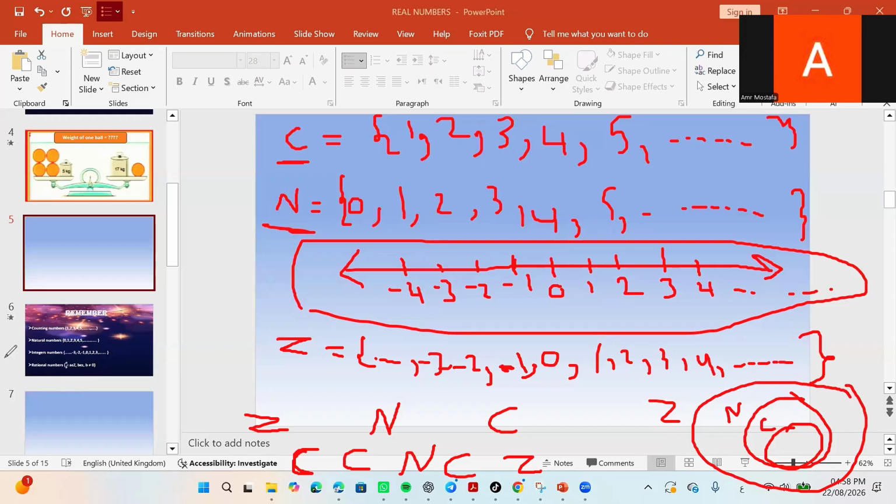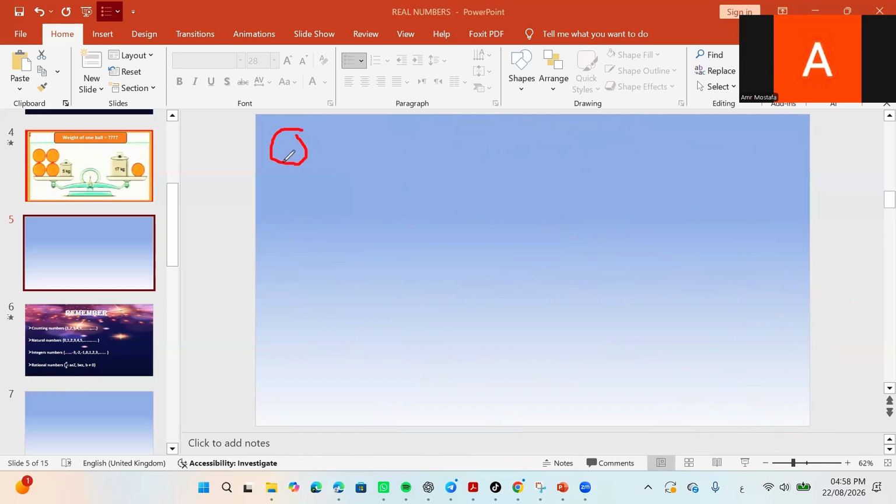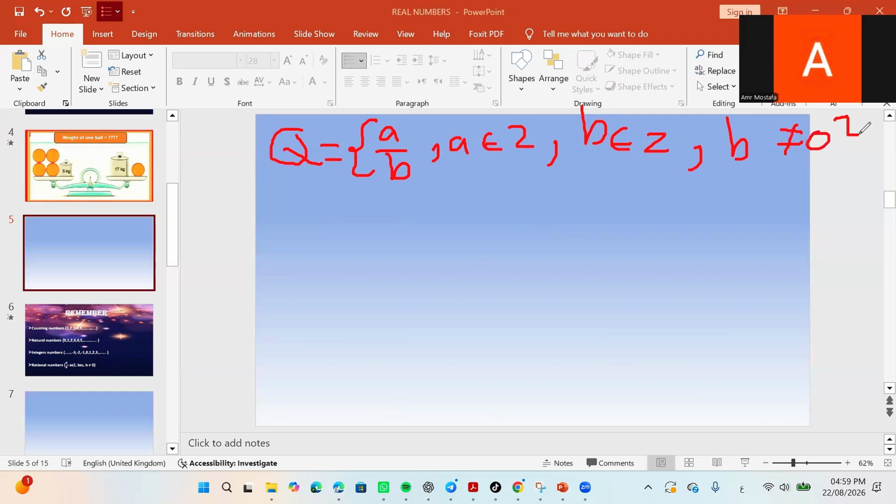After that, in Prep 1, we took rational numbers, Q. Why did we take rational numbers? We use them when we want to express fractions, decimals, mixed numbers, percentages, and all of these. It equals A over B, such that A belongs to integers and B belongs to integers, but B doesn't equal 0.